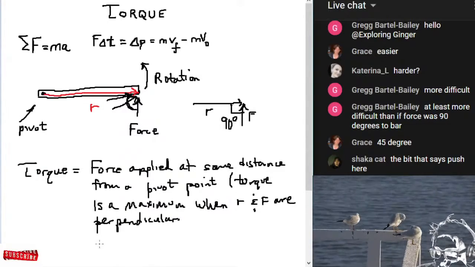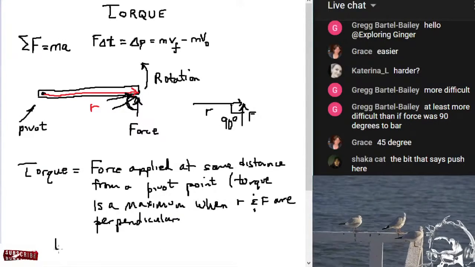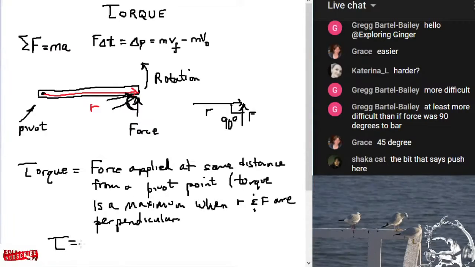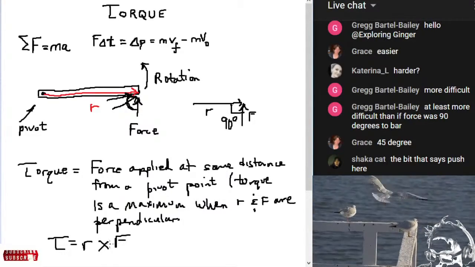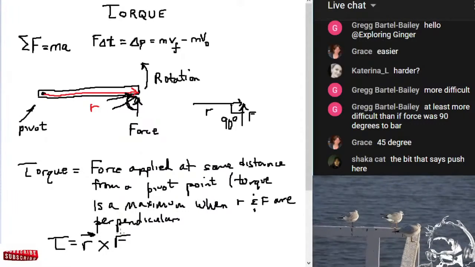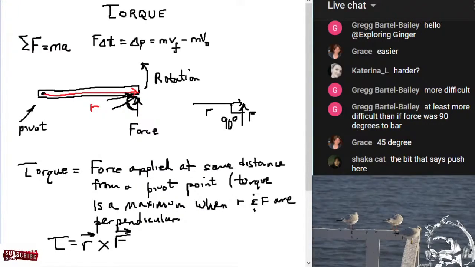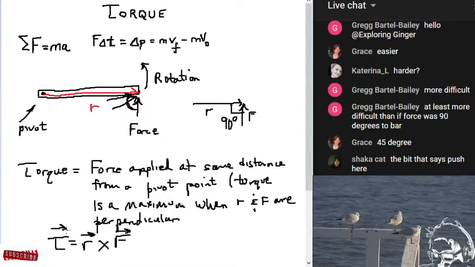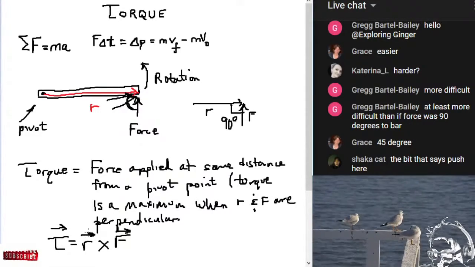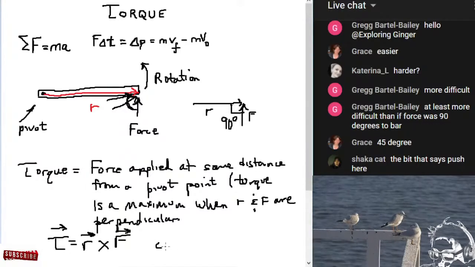And the way we do that is we use this equation. Torque equals R cross F. R is a vector and force is a vector. Torque is a vector. So we have a vector that is the result of the cross product of R and F.